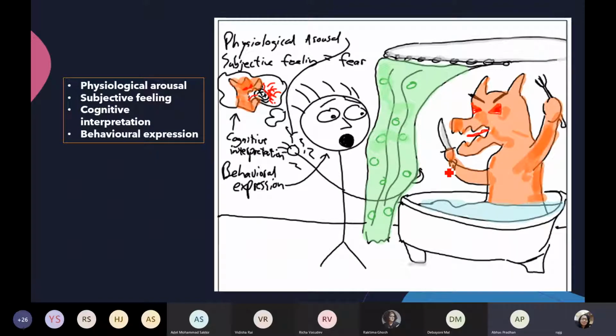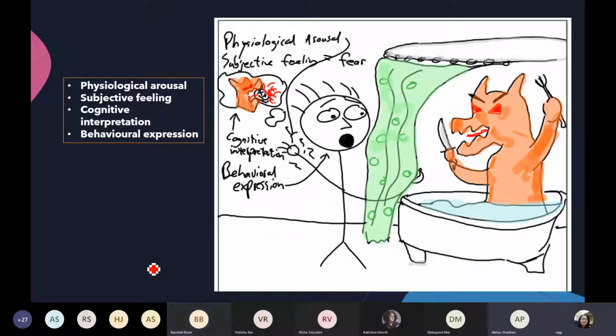So this person is feeling a physiological arousal. What will be the physiological arousal if you see a demon sitting in the bathtub? His or her eyes might get bigger in shock, as seen in the picture.